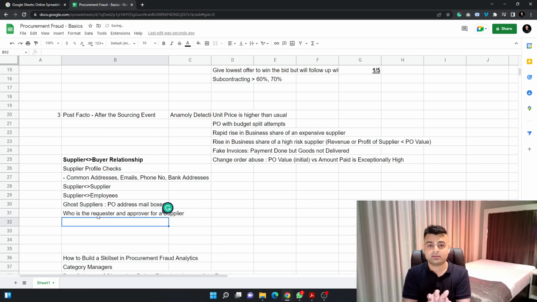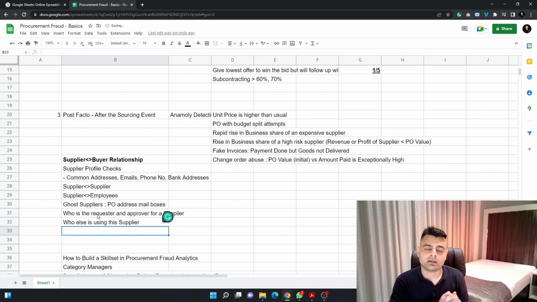Create a profile, and you will always find certain people approving certain suppliers faster than other suppliers, and we can design a use case around it. Another point is who else is using this supplier. And if you find that there is only one person who uses this supplier, then you have a hit.